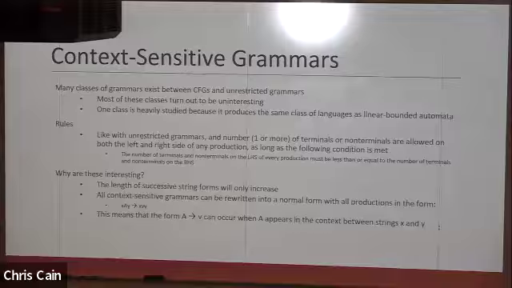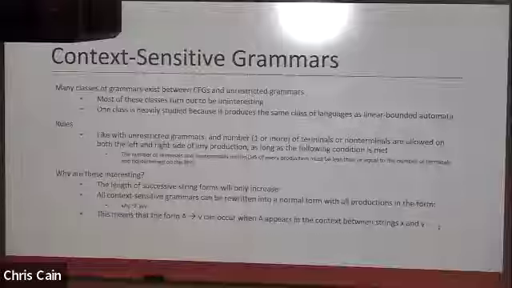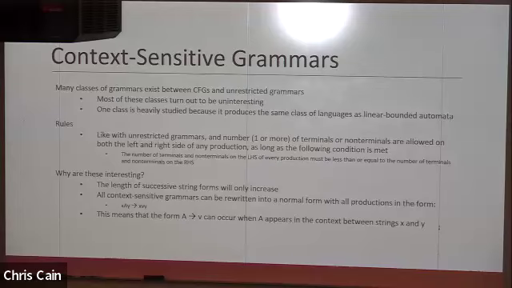Arrow, that same left-hand side and right-hand side, but the form A arrow B can only occur when A appears in the context between the beginning and the end. So that's why we call this context sensitive. The normal form here says that the change between the left-hand side and the right-hand side depends on its context, and only when both sides of that context are met can this rule be allowed.